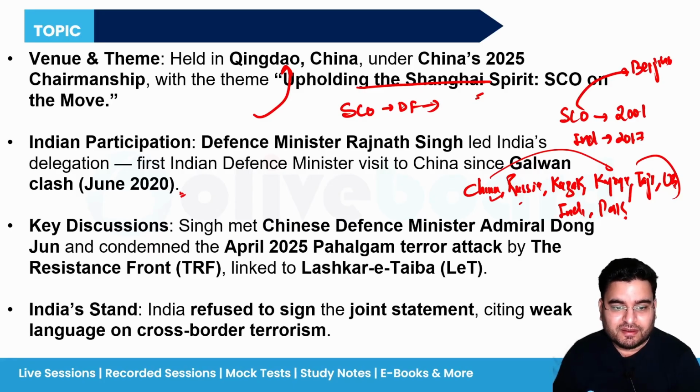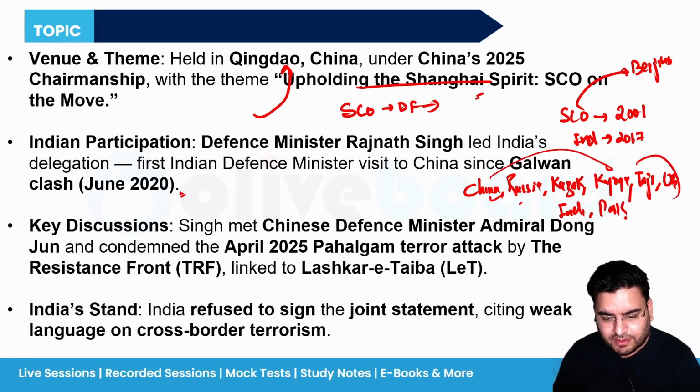Pakistan is also a member of SCO, and China is a strong country, so it should condemn Pakistan for the propagation of terrorism in India, but they haven't done that.